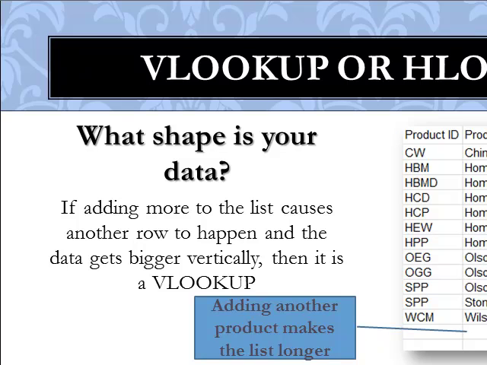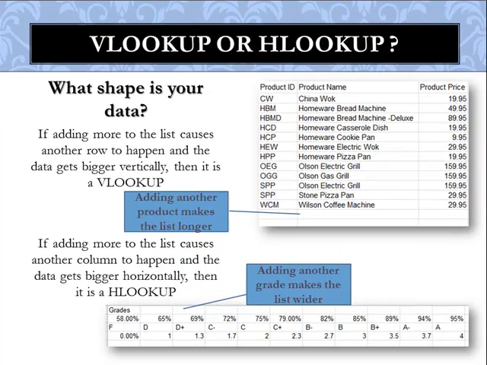In the example on the right, if we add another product, it's going to grow vertically, and that means if you're referring to this data, you need a VLOOKUP. Now, in the example on the bottom, if I were to put in more grade points, my data would grow sideways, horizontally, and so I would need to use an HLOOKUP to have my formula refer to this table.